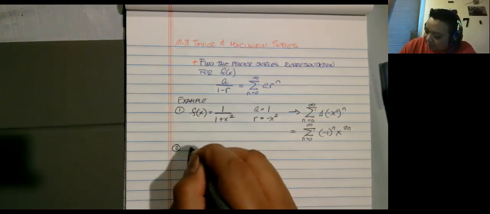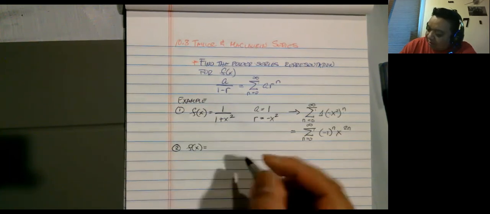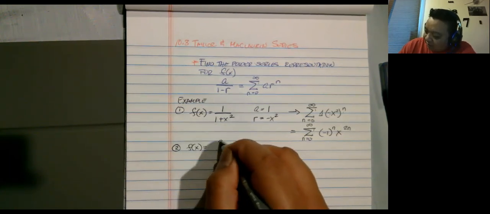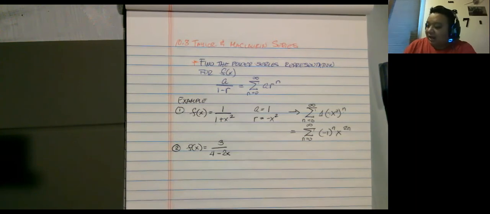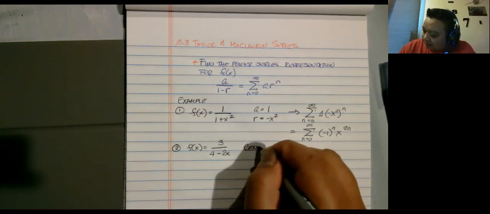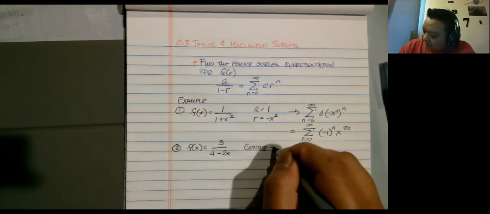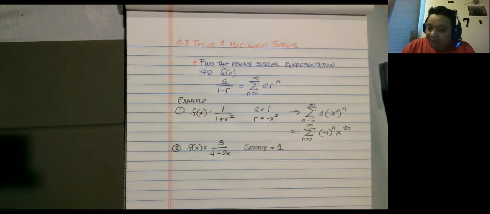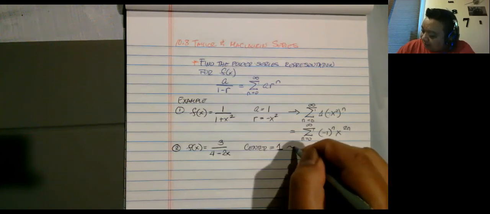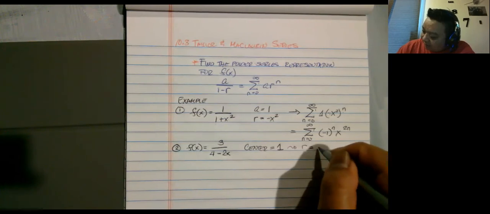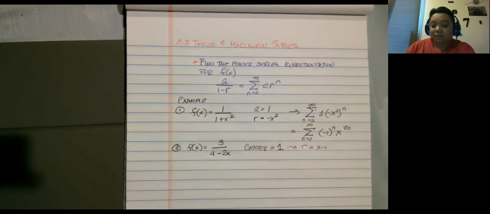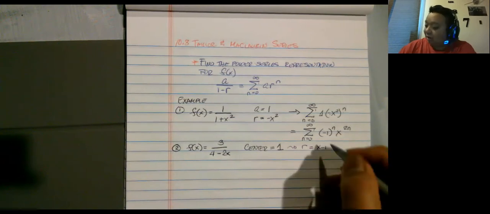Okay, so let's do f of x is equal to 3 over 4 minus 2x. And then let's say the center is, I want it to be 1. So if the center is 1, then that means I need my r to be x minus 1, or at least have an x minus 1 in it.